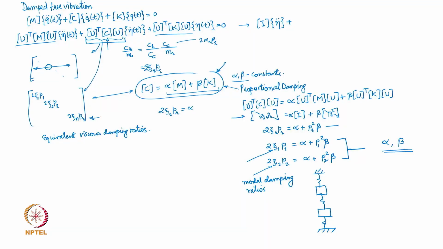But for a practical system, you do not have such a discrete lumped parameter model. The actual physical system is quite complex, and it is going to be very difficult to set the initial condition displacements at each of the points. So what you do is you excite it the way we do the RAP test.